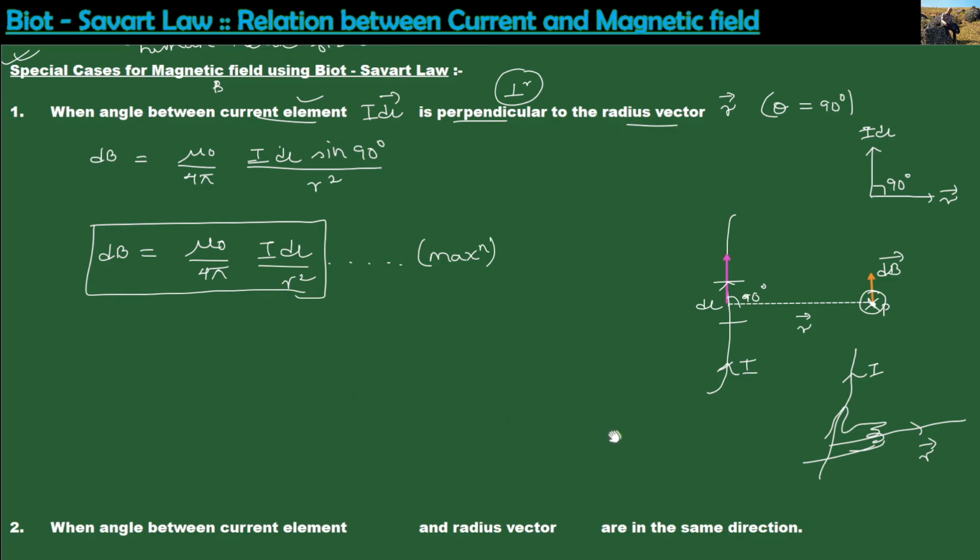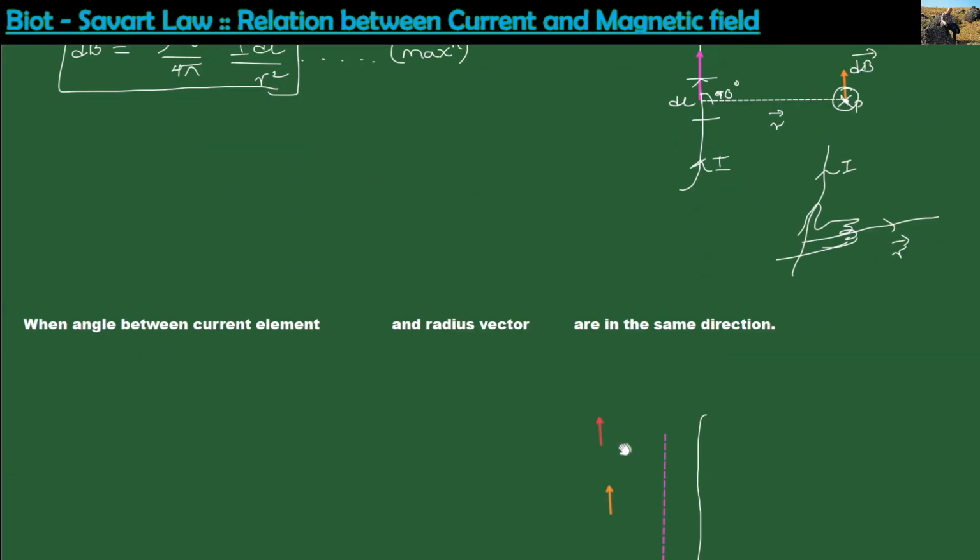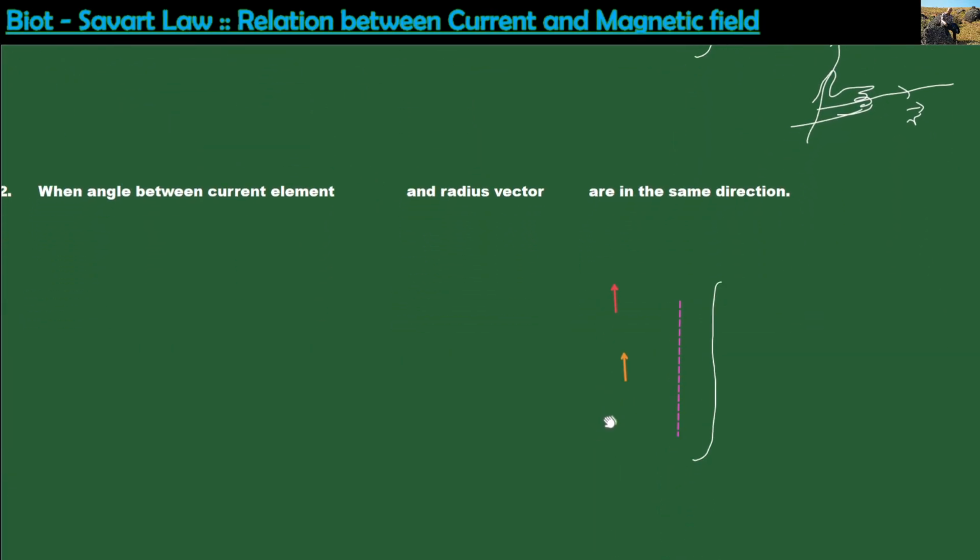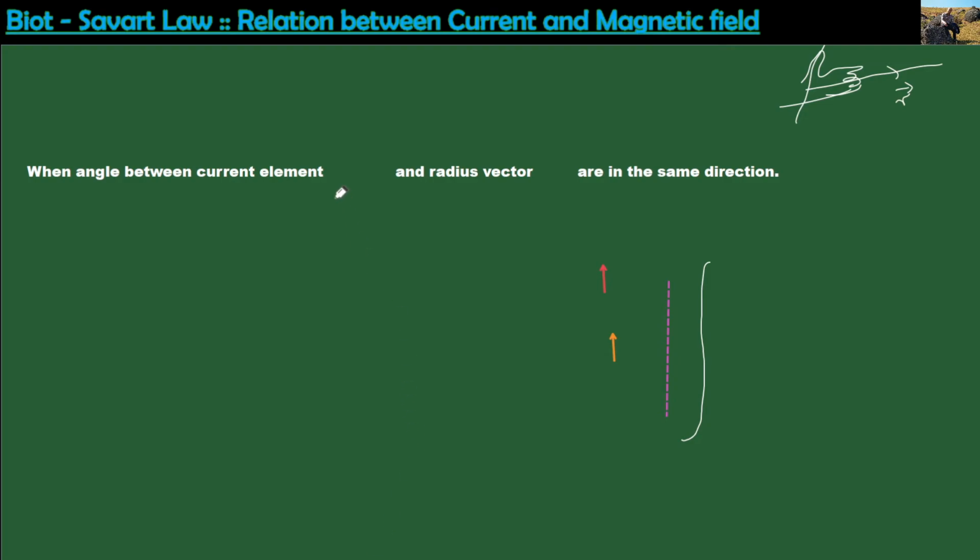Next, let us consider the case in which the current element IDL bar and our radius vector R bar are in the same direction. Over here, use the same concept. This is the direction of your current element flowing through a conductor.